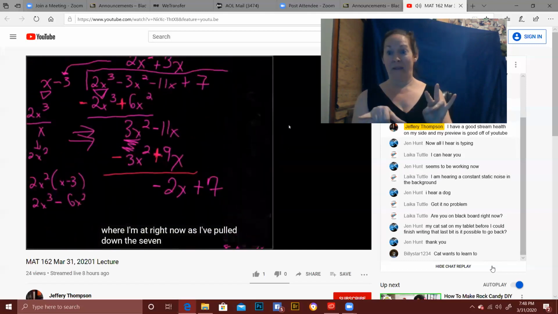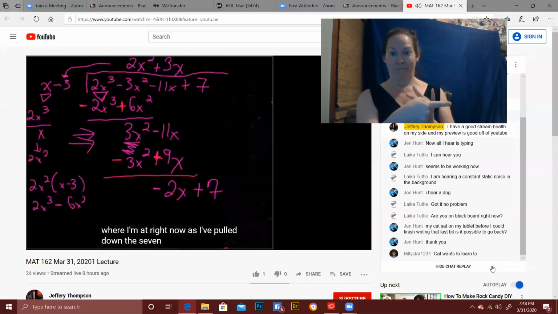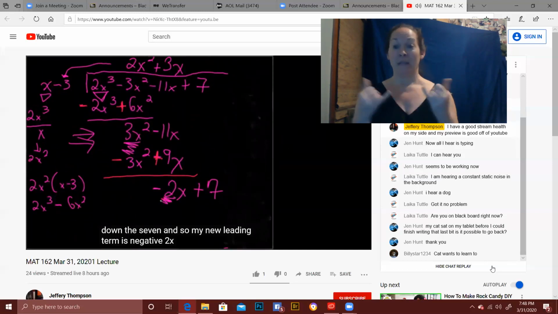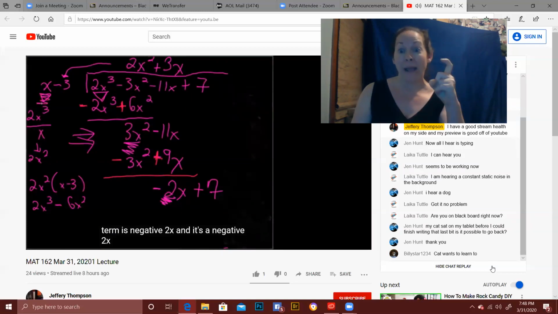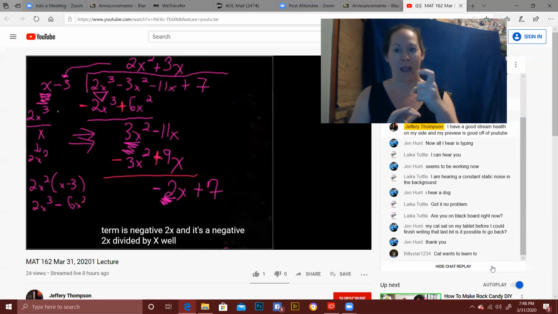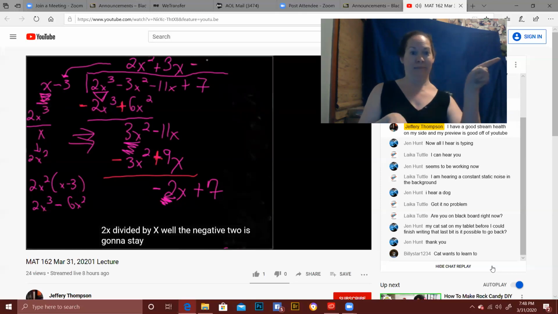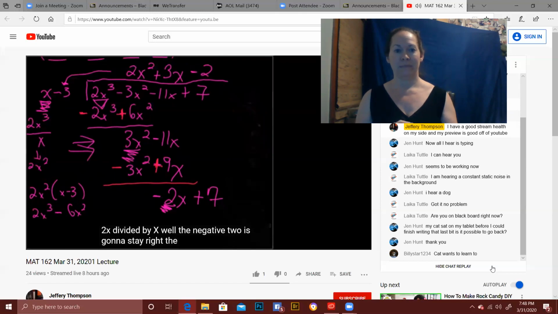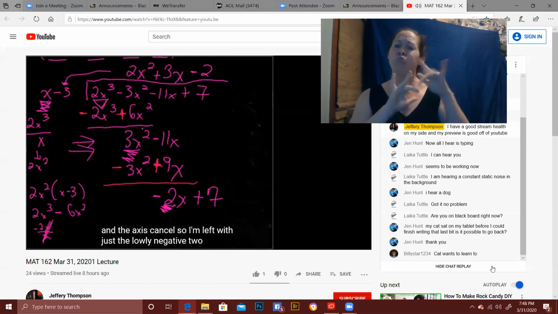So I've pulled down the 7. And so my new leading term is negative 2x. And so negative 2x divided by x. Well, the negative 2 is going to stay, right? The negative 2 is going to stay because negative 2x over x, the x's cancel. So I'm left with just the lowly negative 2.